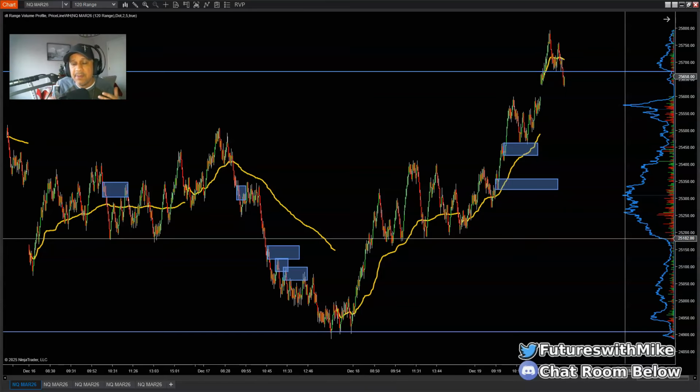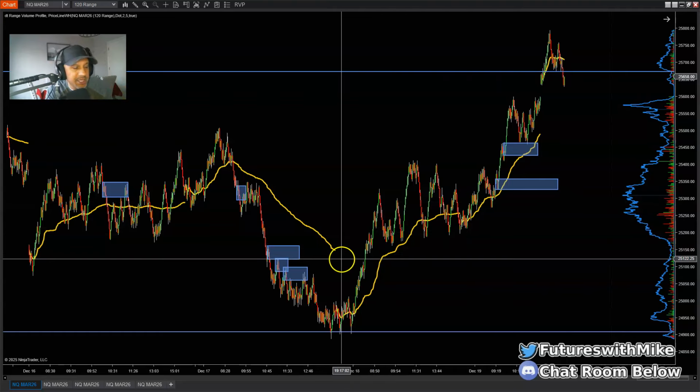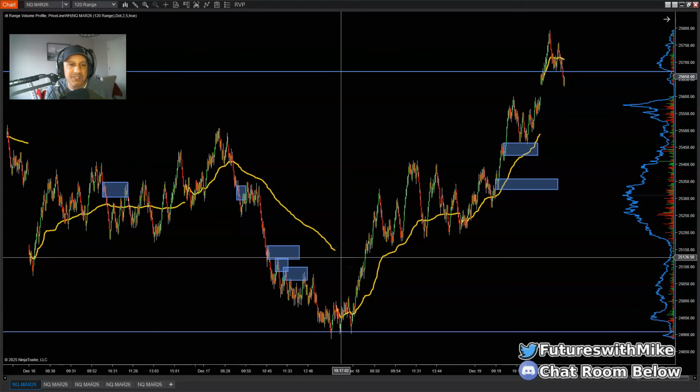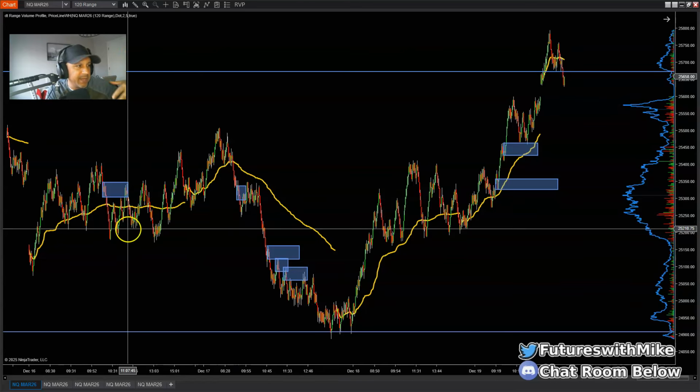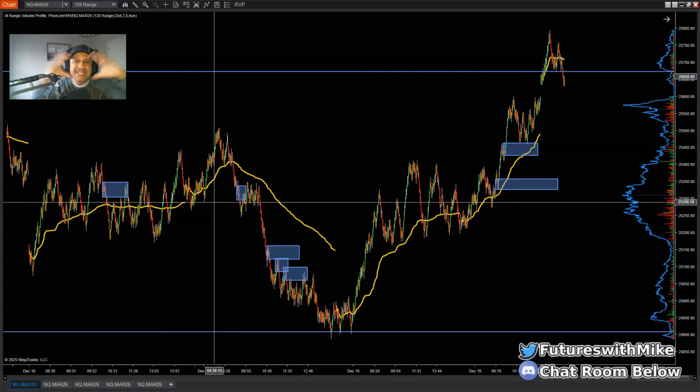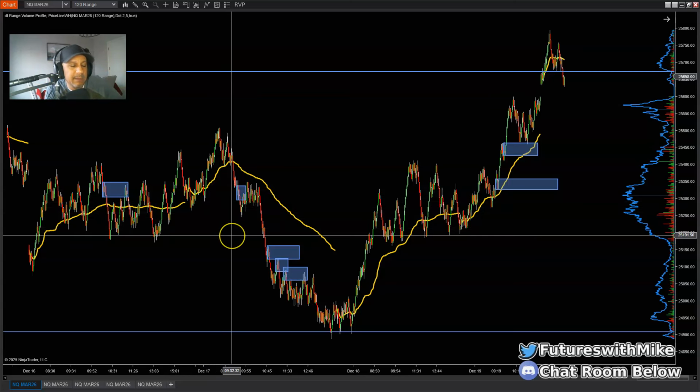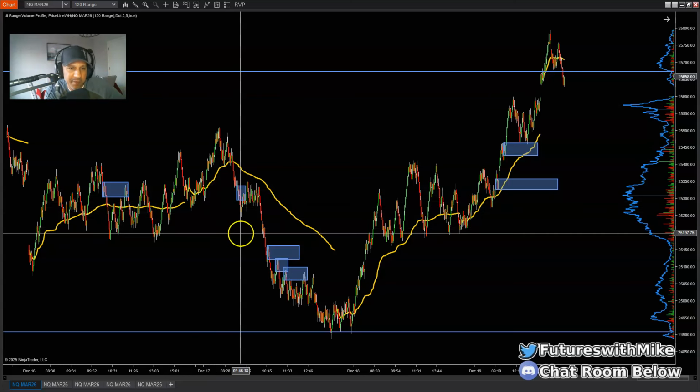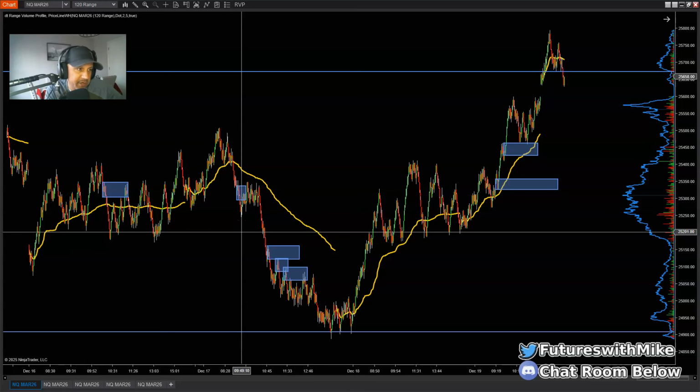The reason is that the charts are cleaner to the eye when you really get a feel for them. They don't look as congested, bunched up, or confusing, because with time charts you have large wicks, small wicks, everything kind of meshing together. To me, when I look at range bars, I can just see the movement. I can see the break of structure is pretty clear.